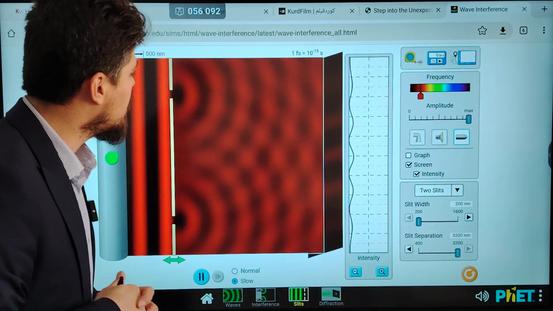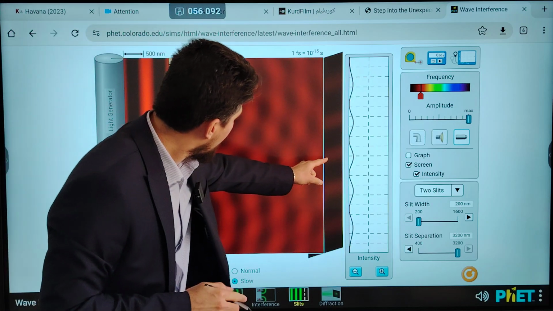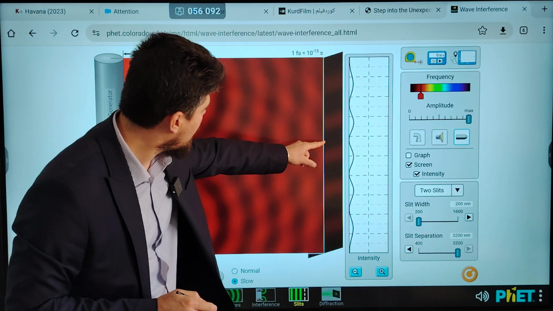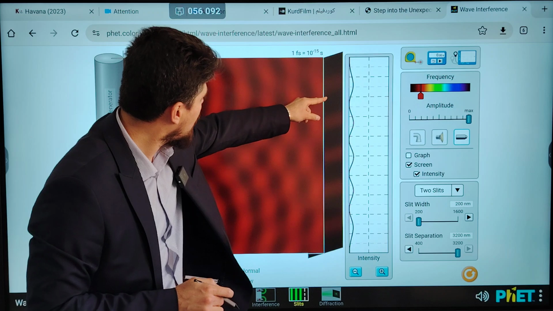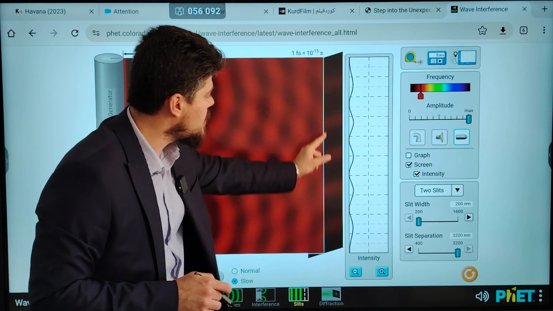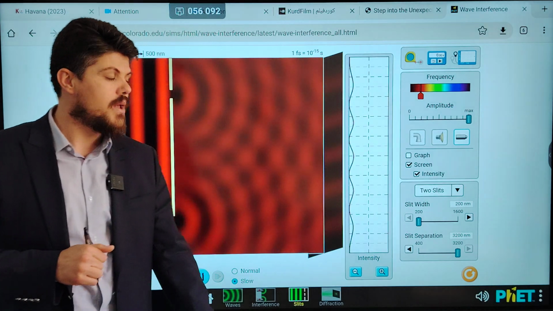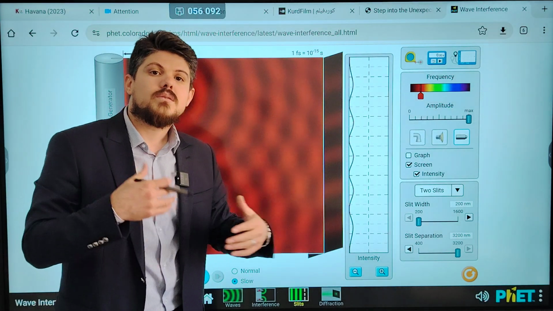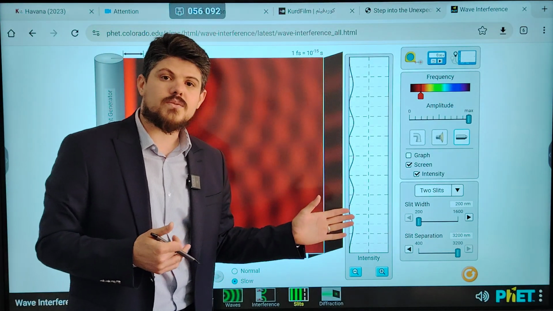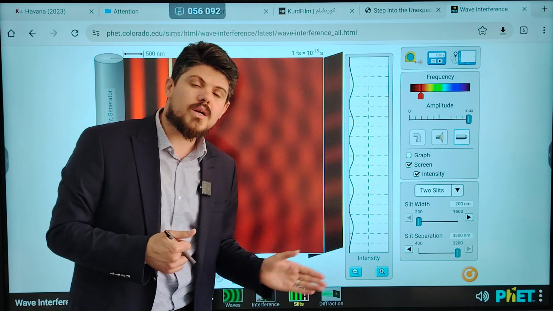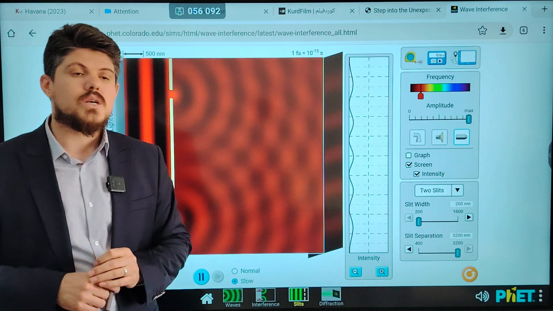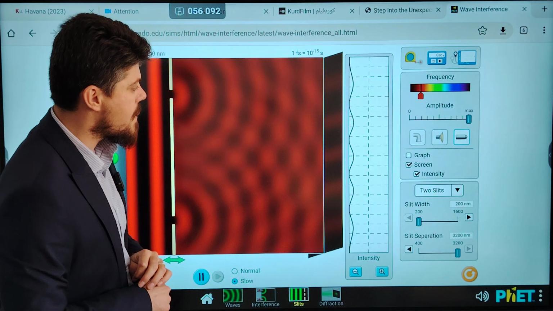Okay, I hope you see this. Look, I see the bright fringe here and dark here. Bright, dark, bright, dark. A series of bright fringes and dark fringes appeared on the screen. Bright fringe indicates constructive interference, and dark means that the type of the interference is destructive interference.